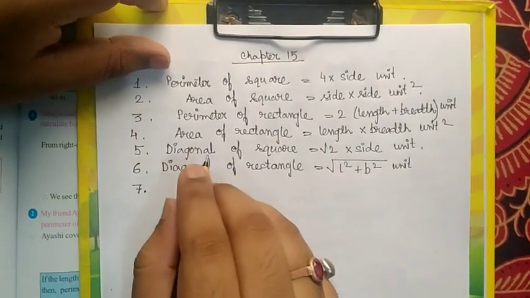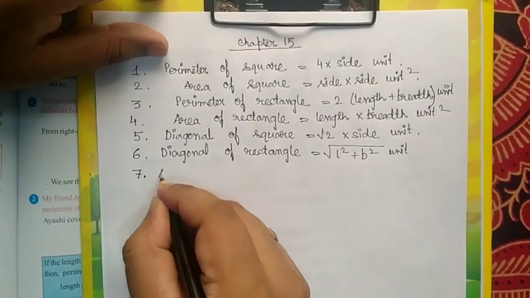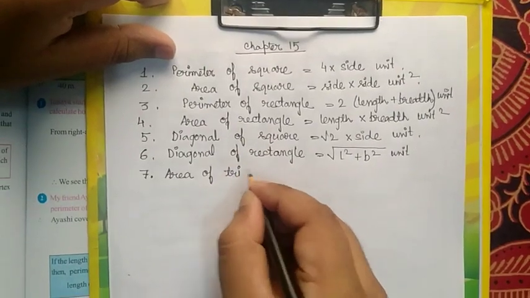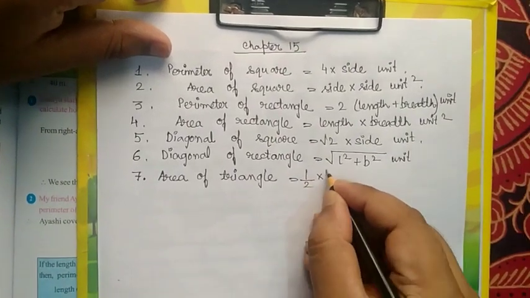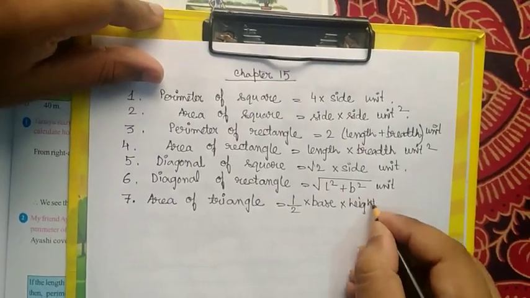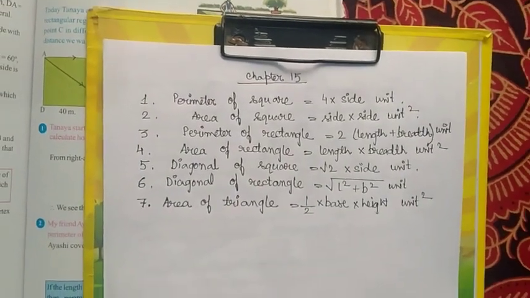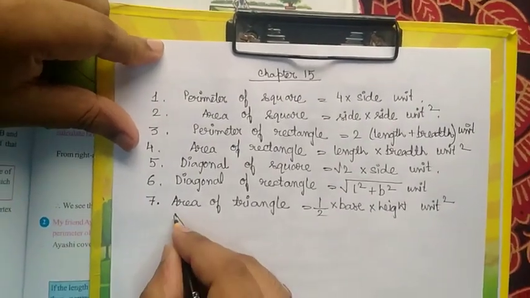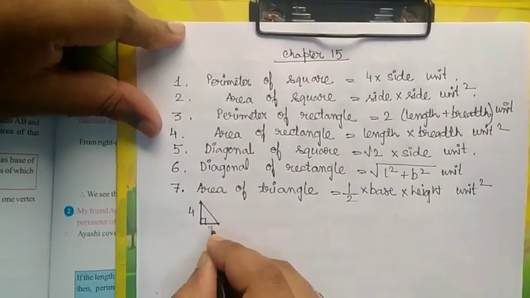Now after that we have to deal with the triangle. First, area of the triangle equal to half into base into height unit square. Suppose this is a right angle triangle where the height is given as 4 and the base is given as 5.